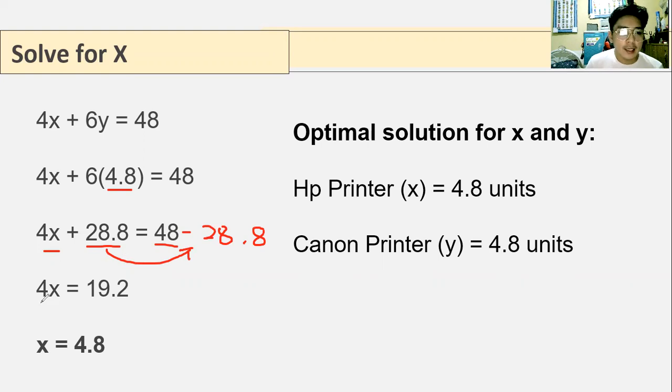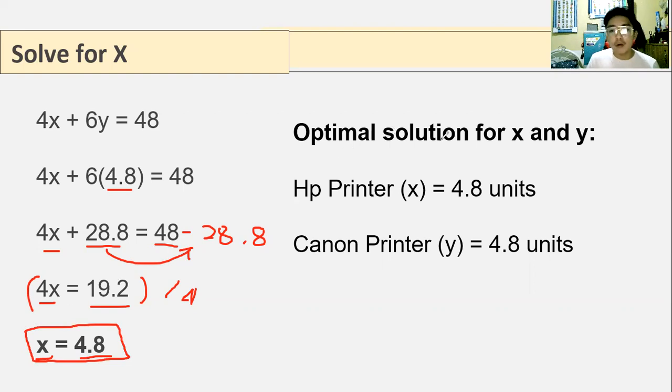So 4x, bring down, and then 48 minus 28.8 is 19.2. To simplify the equation and get the value of x, we divide it by 4. 4x divided by 4 is x, and 19.2 divided by 4 is 4.8. As we can see here, the value of x is also 4.8.